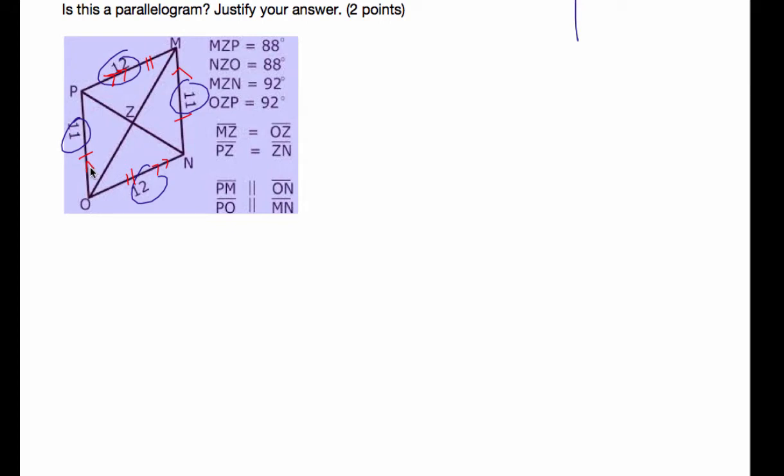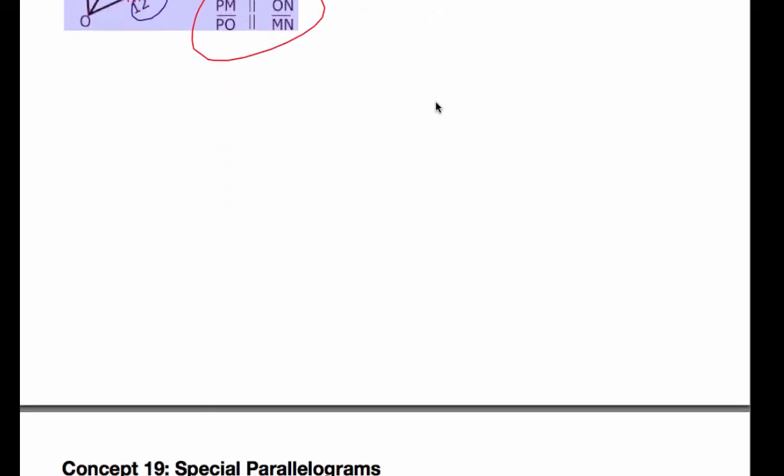So these are parallel because they're evenly spaced. Well, then you've got 88, 88, 92, 92. Opposite sides congruent. You got parallel sides. Okay, there's a lot of reasons, but the bottom line is yes, and you've got several reasons why that is actually true.